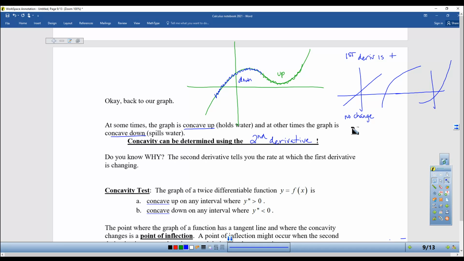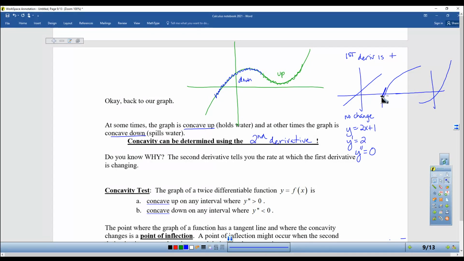So think about that in terms of derivative. Y is equal to something like, let's say, 2x plus 1, because it's a line. Y prime tells you its slope along the way, and y double prime is the change in the slope. But since there's no change in the slope, the second derivative tells you that it's constant. This other one has some kind of a change in it.